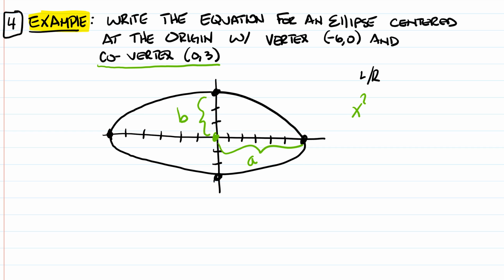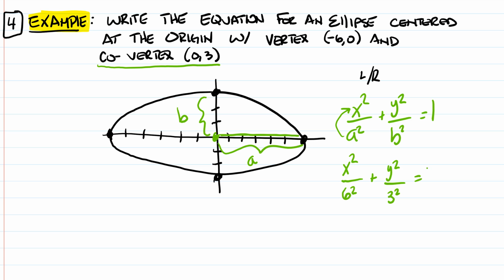So I'm going to have an x squared over a squared plus y squared over b squared is equal to 1. And the reason I know it's this one, the a is going to be underneath the x, because my major axis is horizontal. So now I just plug in and go. So I'd have x squared over 6 squared plus y squared over 3 squared is equal to 1.